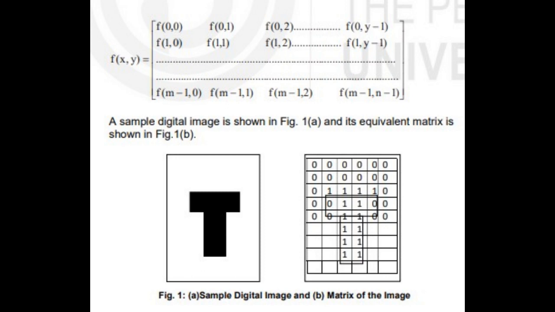The number of rows and columns describes the dimensions of the image. The image size is often expressed in terms of the rectangular pixel dimensions of the array. Images can be of various sizes.